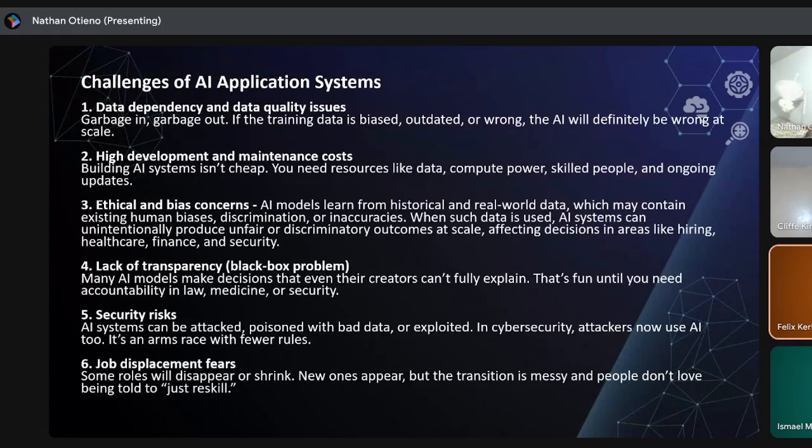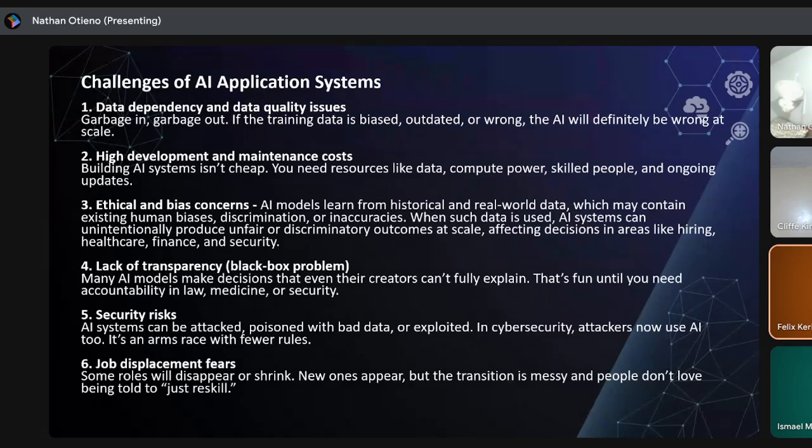The fourth challenge, lack of transparency. Many AI models make decisions that even their creators can't fully explain. That's fine until you need accountability in law, medicine, or security.